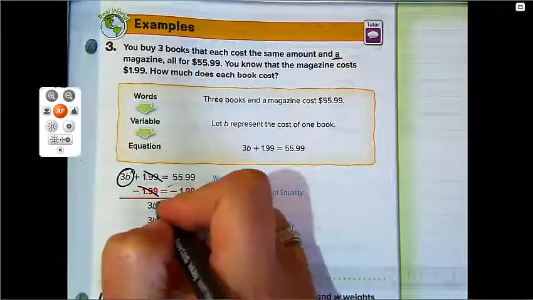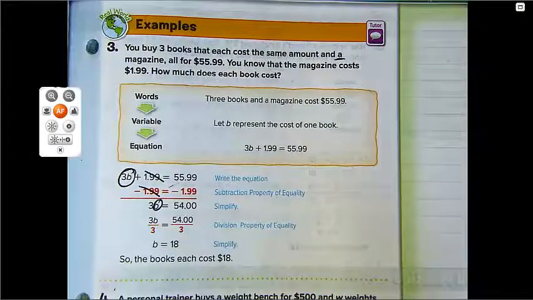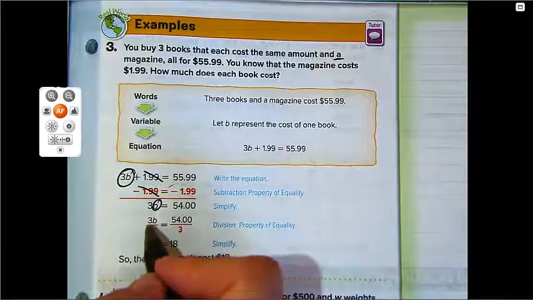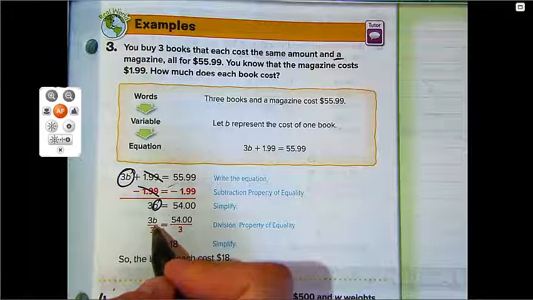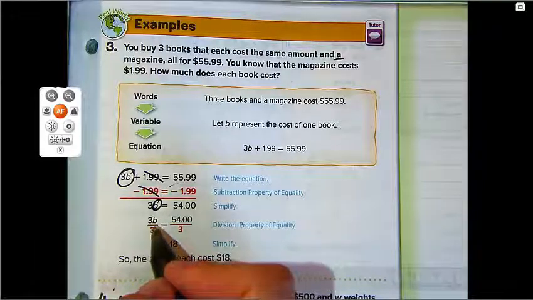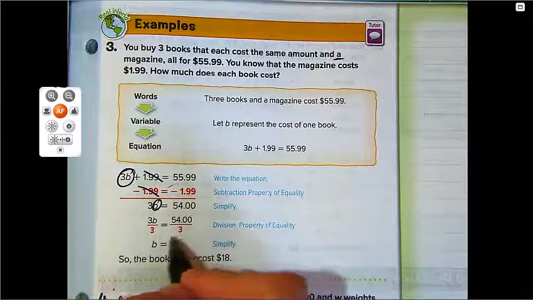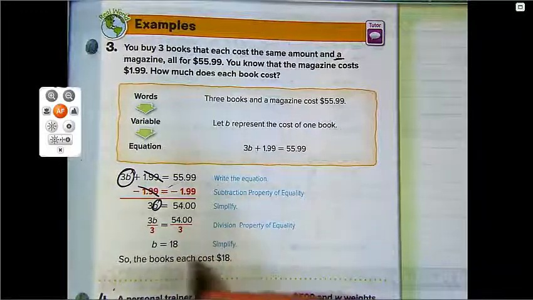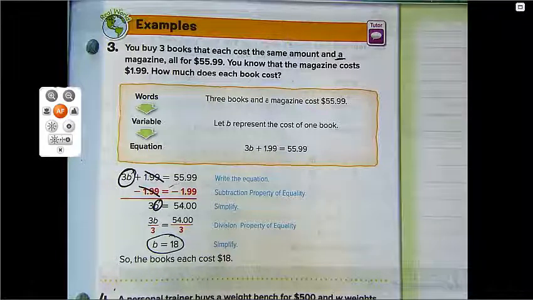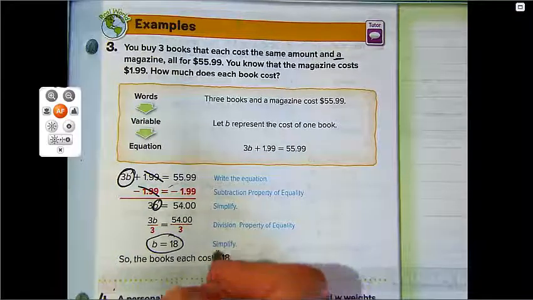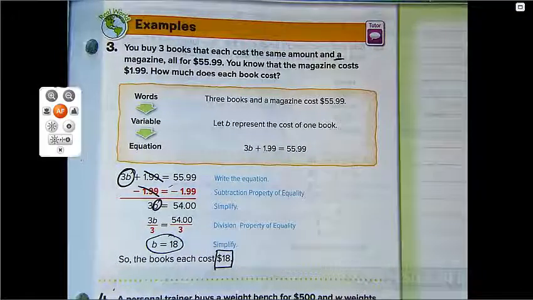Well, then I want to get this variable, this letter by itself, so I divide. Right now I have 3 times B. The opposite of times 3 is to divide by 3. So I want to divide both sides by 3. So I end up with an 18 because 54 divided by 3 is 18. So the books each cost $18. So here's how much 1 book costs.